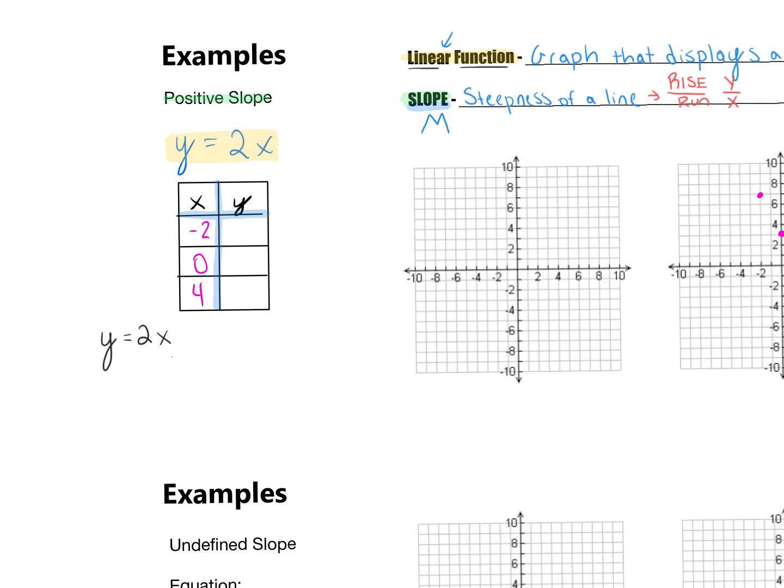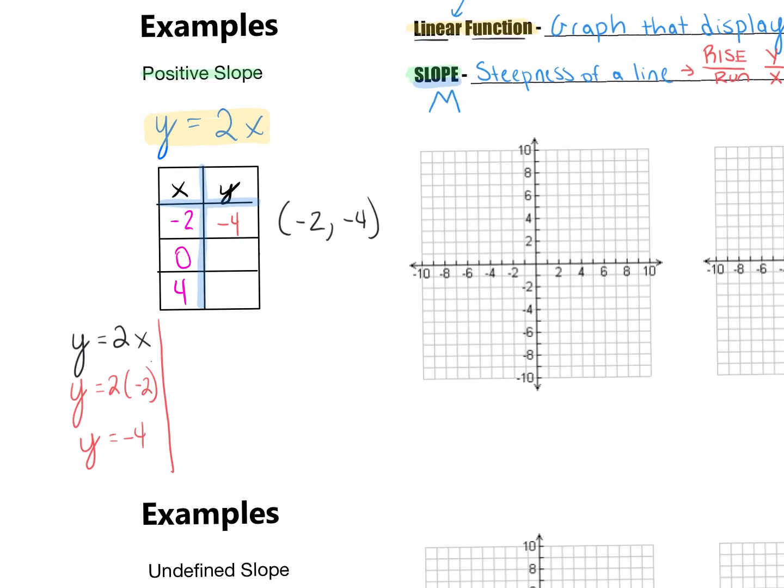And we're gonna plug in what they give us for our x coordinate. So my first x coordinate is -2. So I'm gonna plug in 2 times -2. Since this is -4, that's my first y up here. So I have my first set of coordinates, -2, -4.